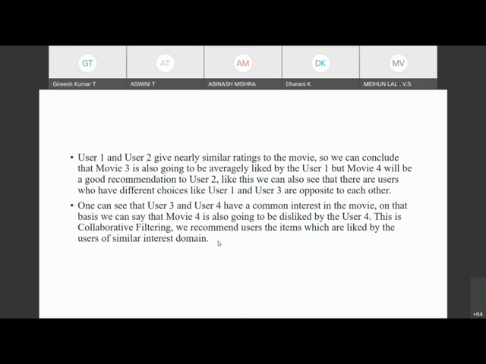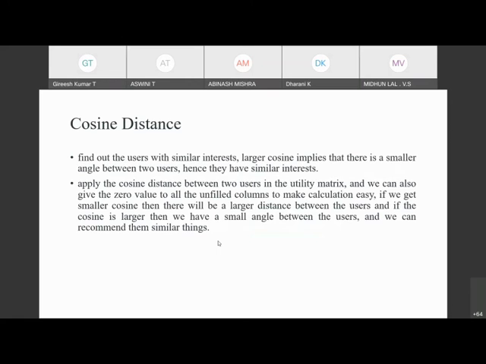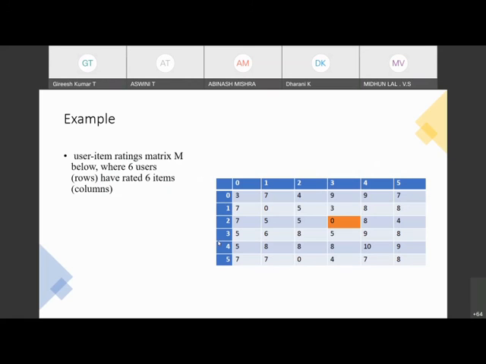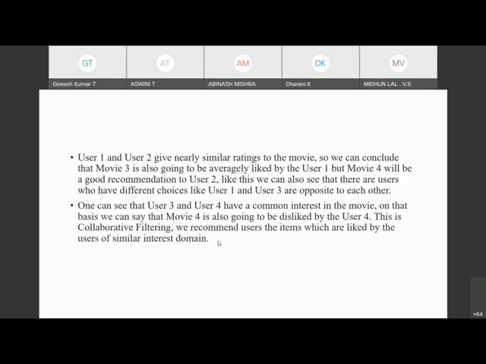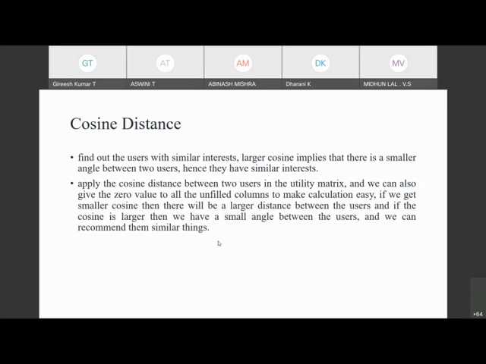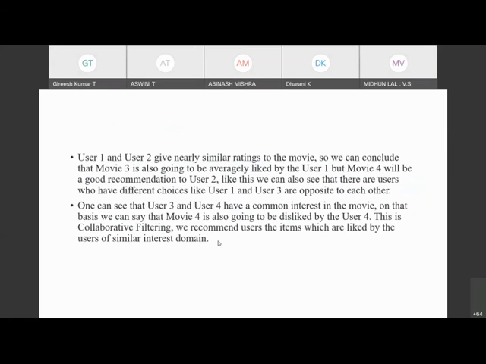Now, how are we going to measure the similarities? Whatever we've done here is only judged by looking. We did some analysis and concluded that user 1 and user 2 are similar, and user 1 and user 3, or user 1 and user 4, are dissimilar.